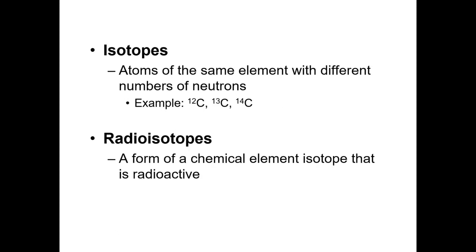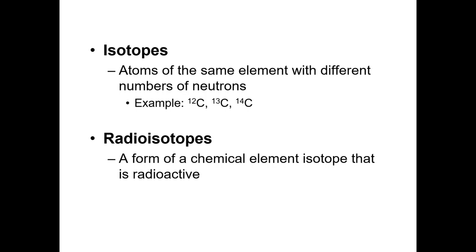There are things called isotopes. Isotopes are atoms of the same element that have different numbers of neutrons. Therefore, they have different atomic masses. So carbon, the one we just talked about with the 6 and 6, is carbon-12.